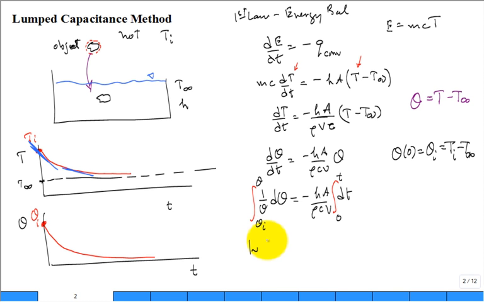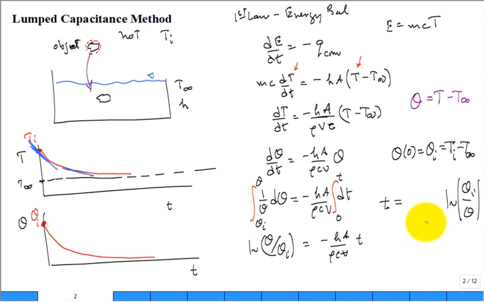The natural log of theta over theta initial equal to minus hA over rho c V times t. At this point, you can even say, if I'm interested in calculating the time required for an object to cool from some initial temperature theta initial to some final temperature theta, I can just use this equation right here, and I use that minus sign to switch theta initial over theta.